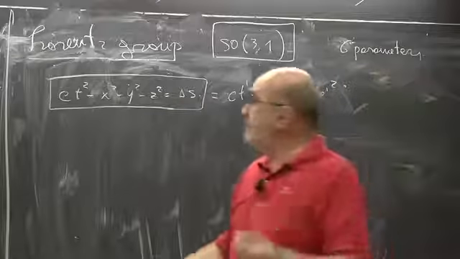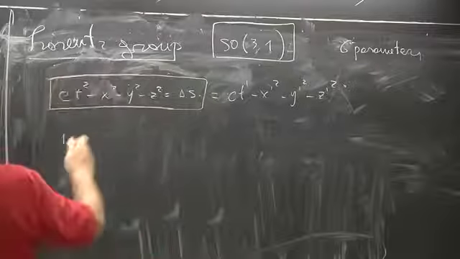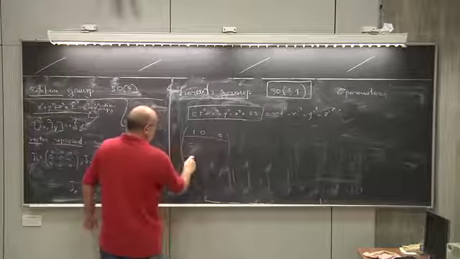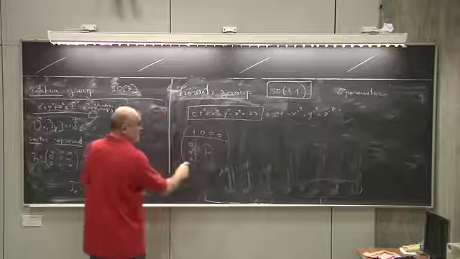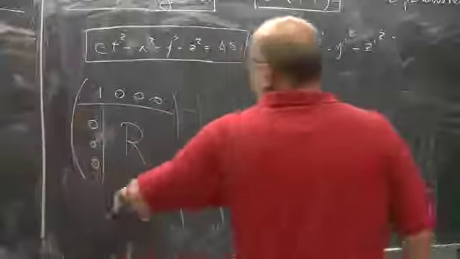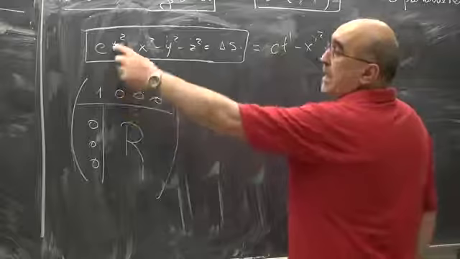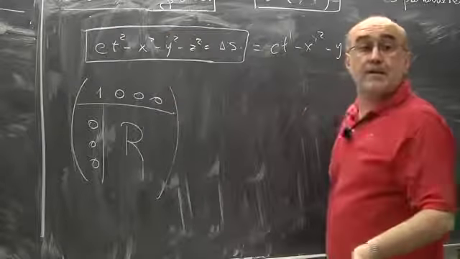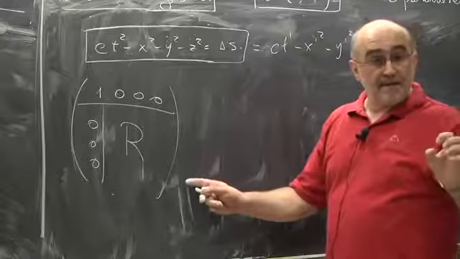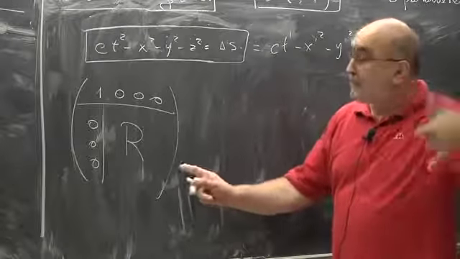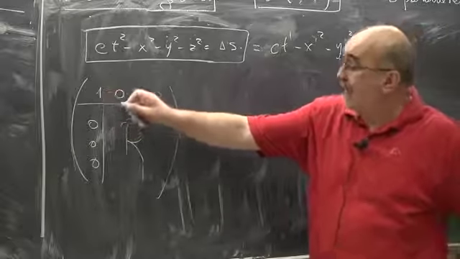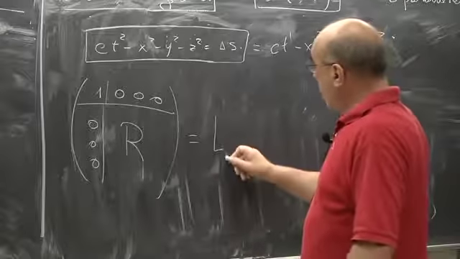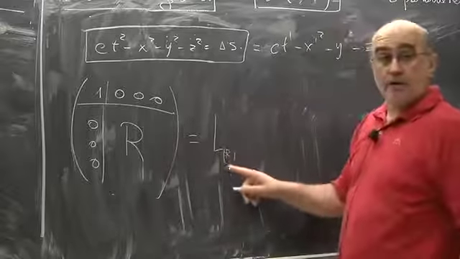Then I have a transformation like the following. We are in 4 dimensions. Let's do the following transformation: a 4 by 4 matrix where here I put a rotation. This transformation leaves T invariant. This one leaves this invariant, so it's a Lorentz transformation, right? This particular rotation that I represent in 4 dimensions, putting a 1 there, is a Lorentz transformation associated to the rotation.